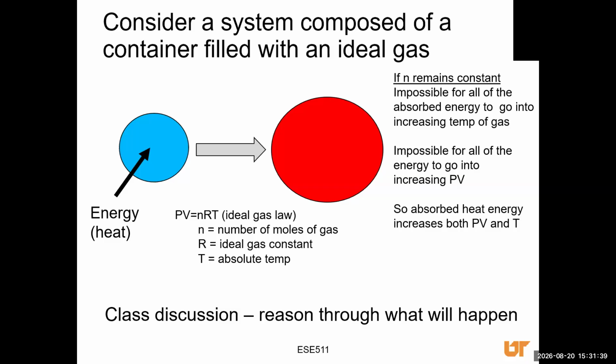One is the specific heat at a constant volume, so it's in a container that can't expand. And in that case, all the energy will go into changing the temperature of the gas. And then there's also a specific heat capacity for a constant pressure. And in that case, we're going to have expansion, and some of the energy is going to go into the work of expansion, and the rest of the energy will go into changing the temperature of the gas.